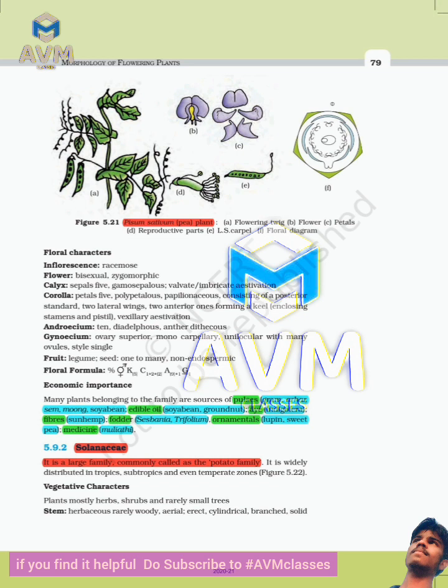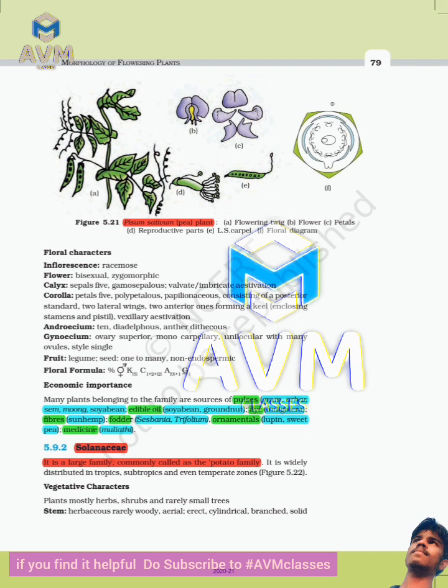Floral characters: inflorescence racemose, flower bisexual, zygomorphic, calyx sepals 5, gamosepalous, valvate or imbricate aestivation. Corolla, petals 5, polypetalous, papilionaceous, consisting of a posterior standard, 2 lateral wings, 2 anterior ones forming a keel, vexillary aestivation.